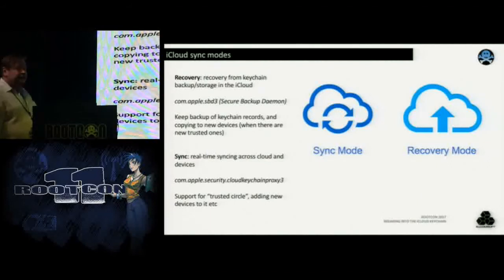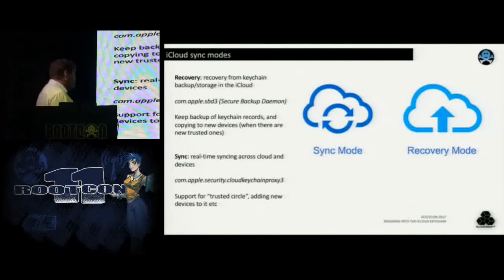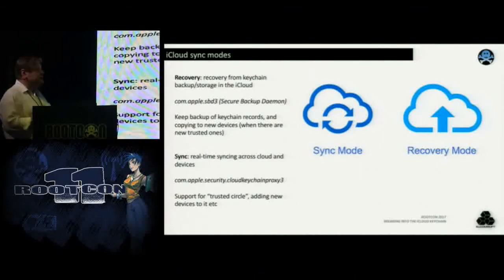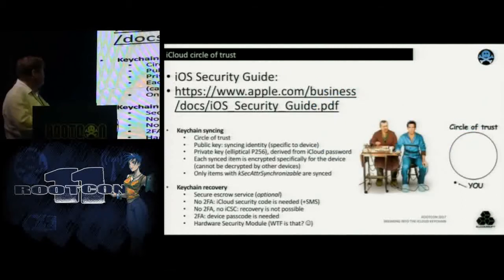There are different services running on the device that are responsible for those operations. The syncing works across the trusted circle. Trusted circle is actually a list of devices that are trusted and that already entered the iCloud Keychain.